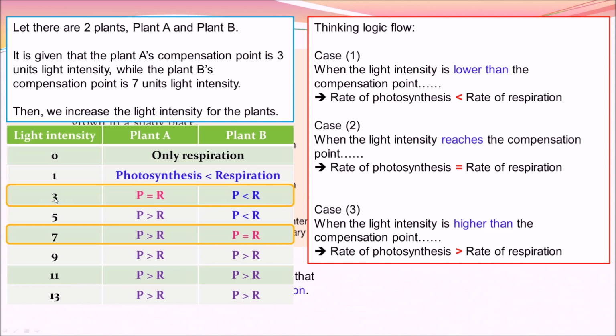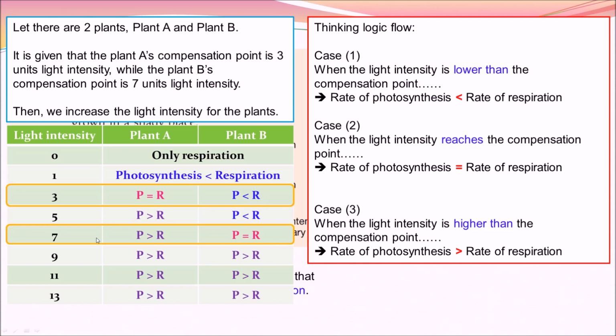But at 3 units, because the compensation point of plant B is 7, it is still lower than its compensation point, so photo is a lower rate than resp.